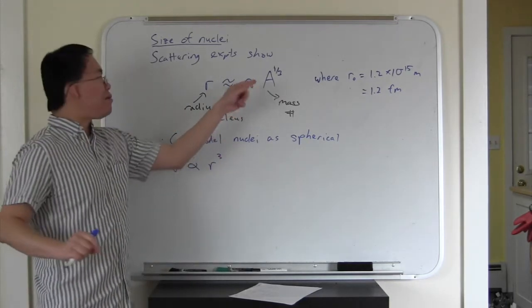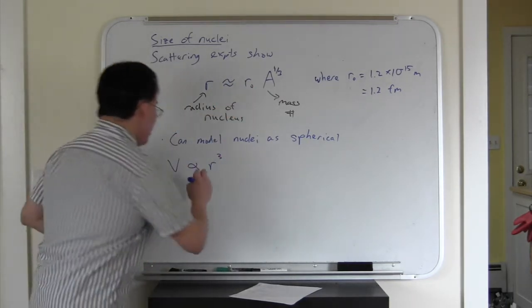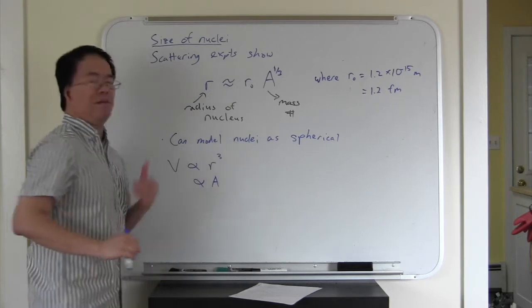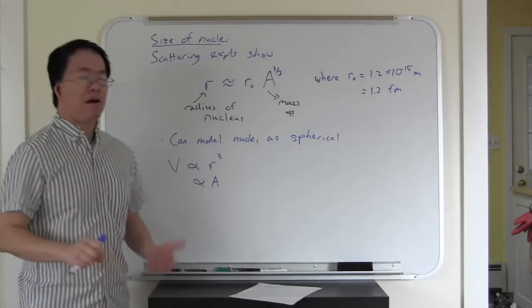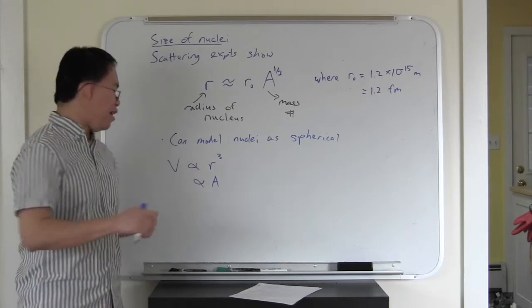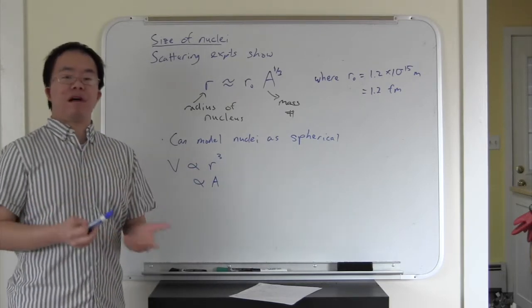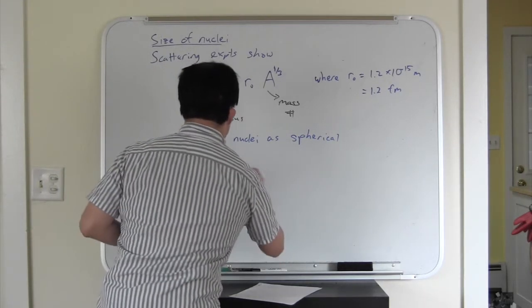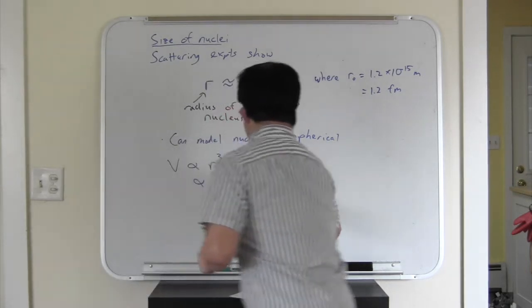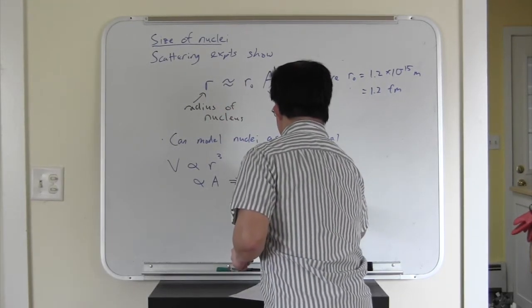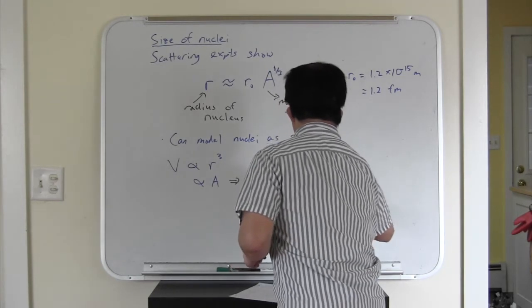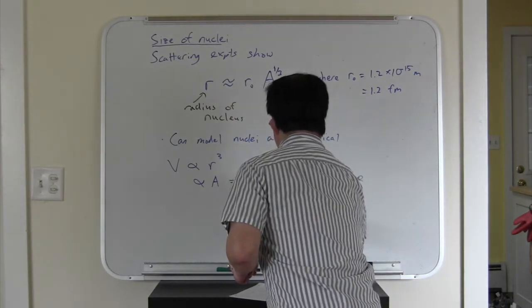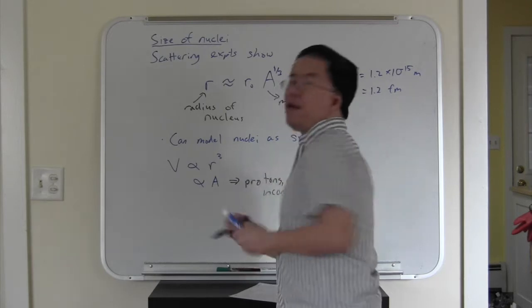And if we plug this in, since this goes like A to the 1/3, the volume of a nucleus is going to go like A, the total number of protons and neutrons. So what this tells us is that the individual protons and neutrons act like small incompressible, close-packed particles.